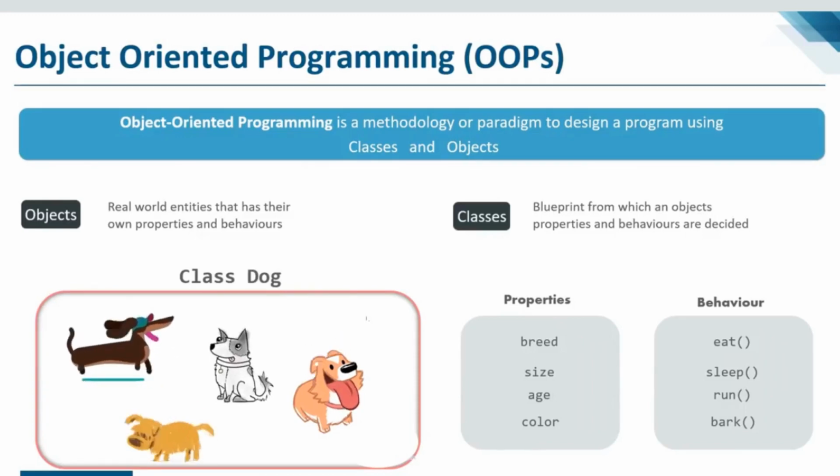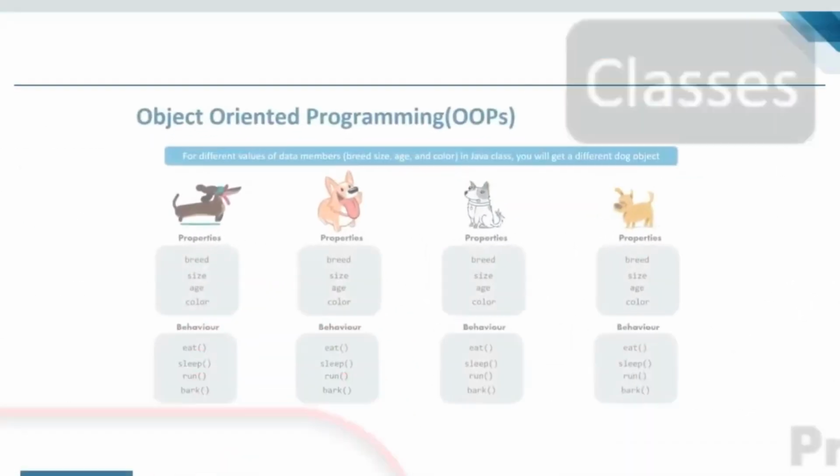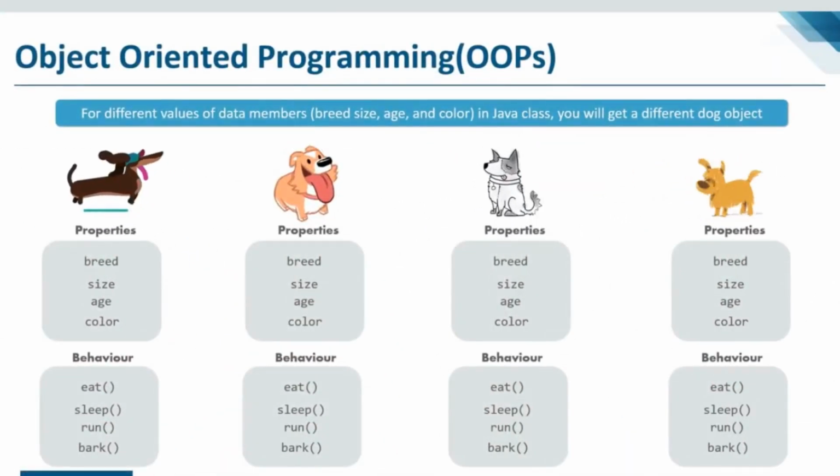Yes, it is possible that the values of all these properties and behavior can be different. Like dog number 1 can have a different breed than the second one, and then the third one, and then the fourth one.